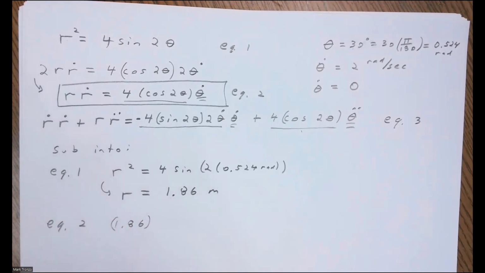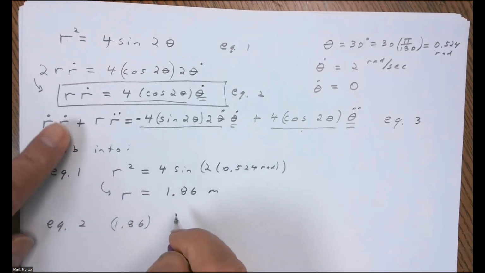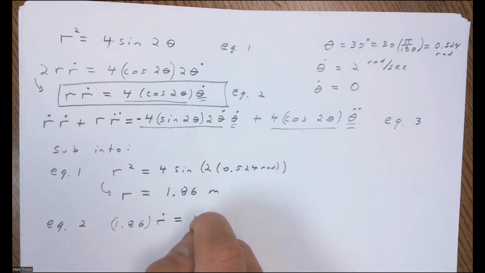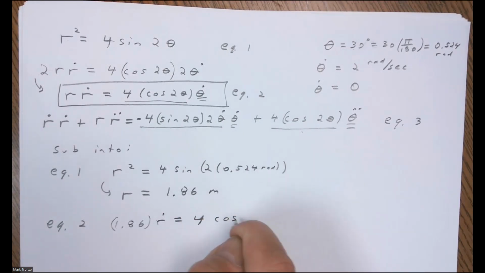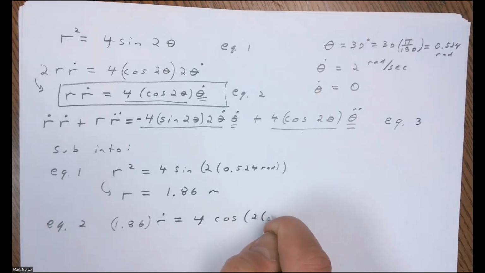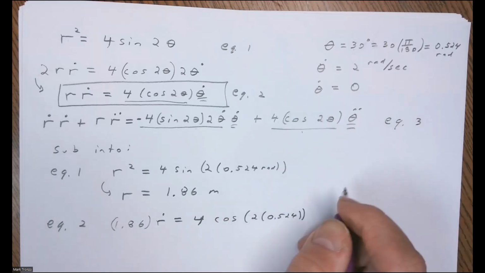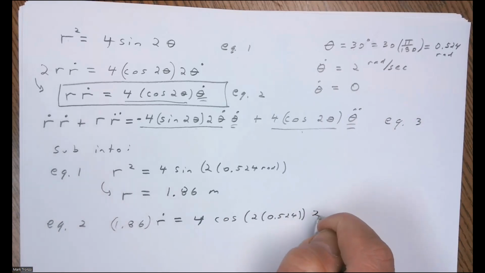Now we don't know what r dot is, equal to 4 cos 2 theta, 0.524 times theta dot, which is 2. Like that.